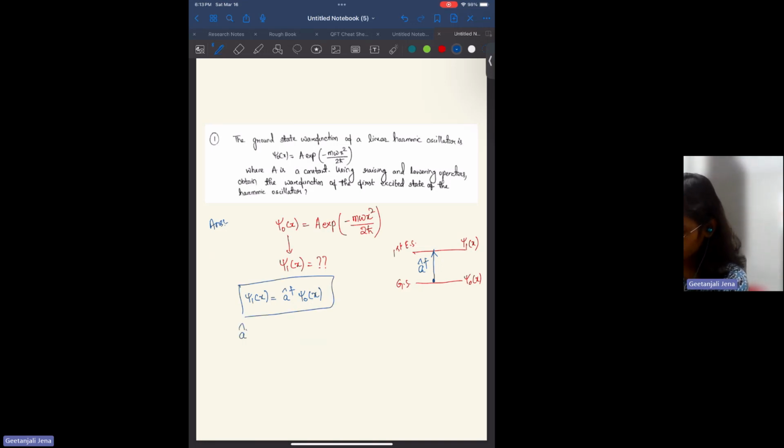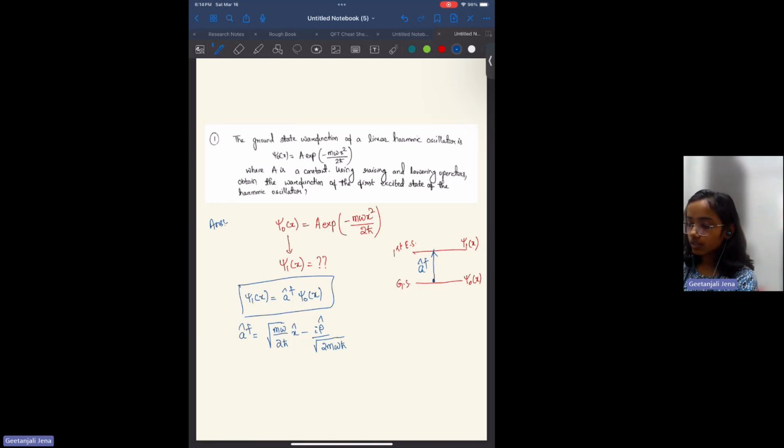Now A dagger, as I have shown in the introductory part, is expressed in terms of the position and momentum representation as root over of m omega by 2 h cut times x minus i p by root over of 2 m omega h cut.